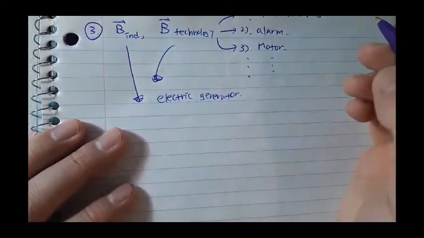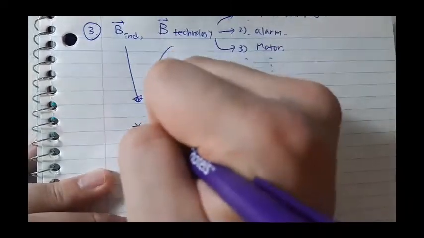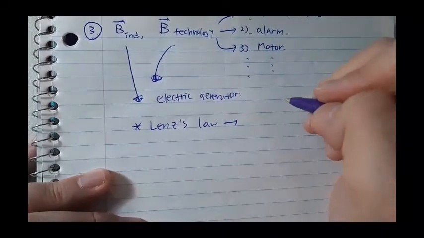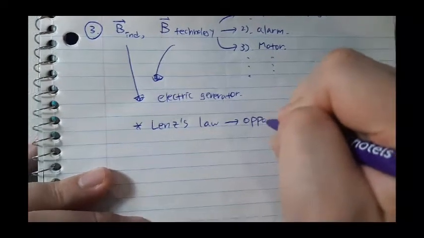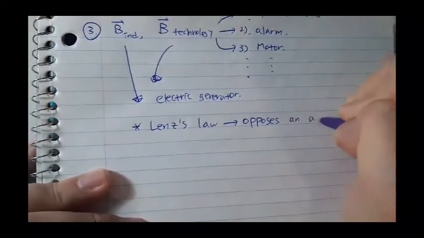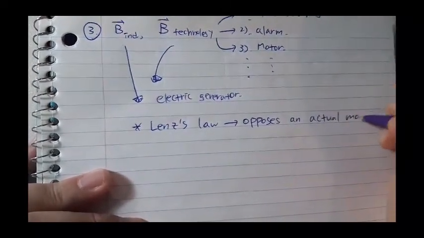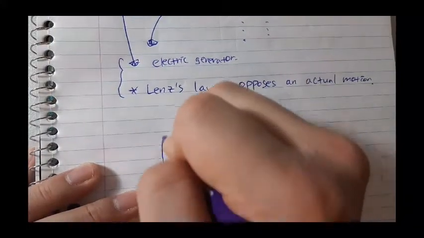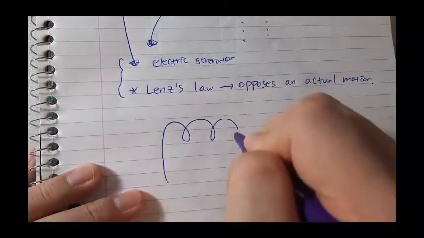But the one that makes this theory happen is Lenz's law. Lenz's law, think about it this way: it opposes motion. Although there are other examples available, I'm going to directly go through a common example using a solenoid.